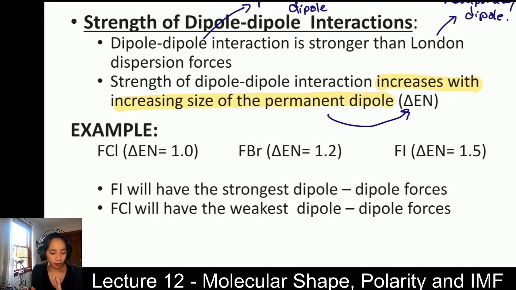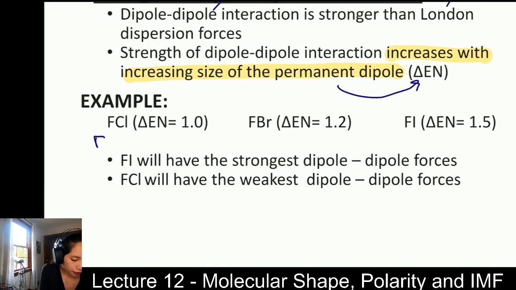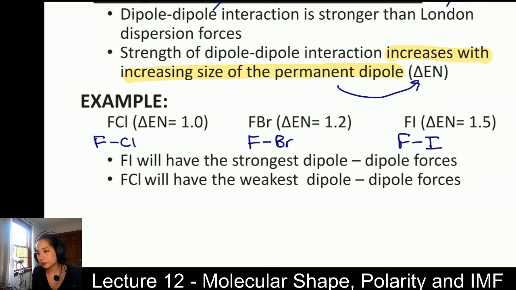So we have three different molecules: fluorine monochloride, fluorine monobromide, and fluorine monoiodide. All of these kind of have the same structure, right? It's a fluorine bonded to a chlorine, fluorine bonded to a bromine, fluorine bonded to an iodine. So these are all polar molecules. You can write electronegativities for all those atoms, but what we're going to look at is the electronegativity difference between the two atoms.